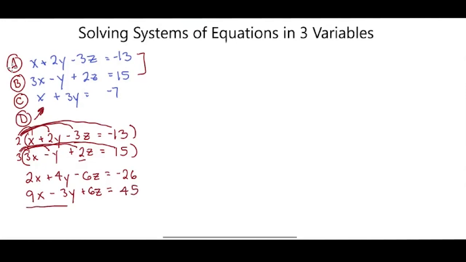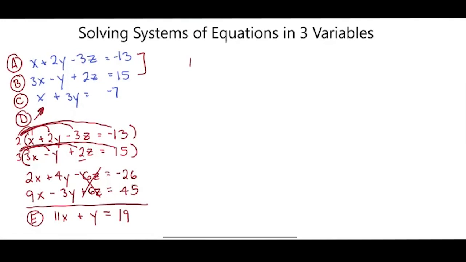All right, now I'm going to do linear combinations over here, and that will cancel the negative 6z and the positive 6z. I now have 11x plus 1y, which is y, equals negative 26 plus 45, which is 19. So I'm going to call this equation E.